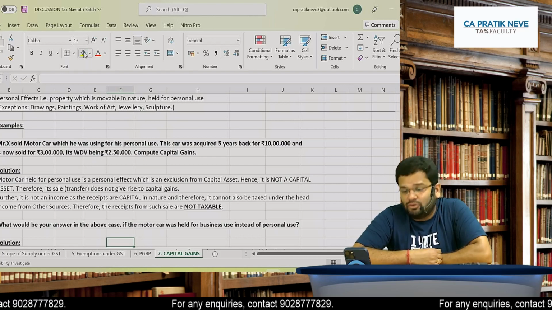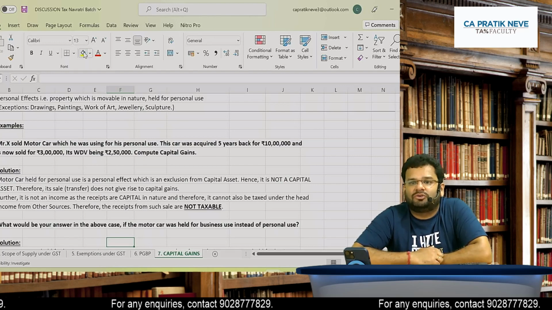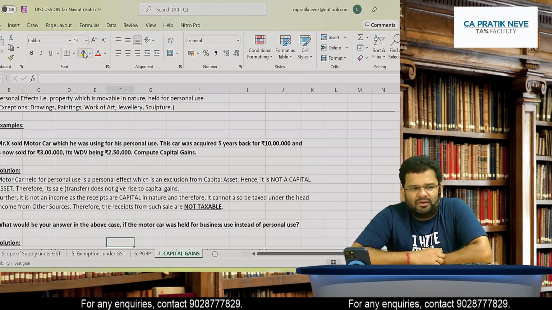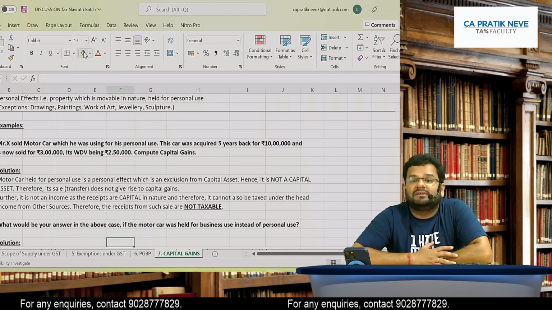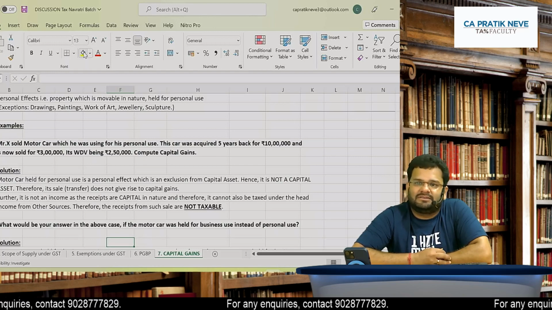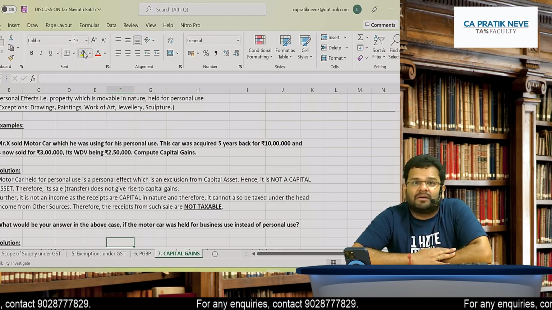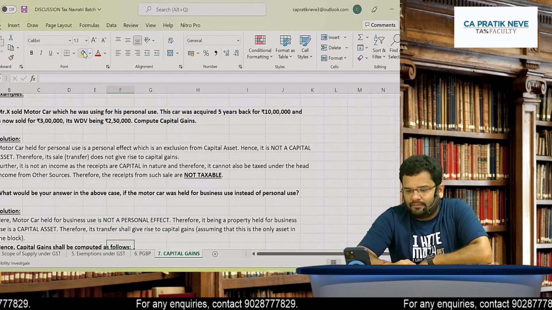These exemptions you claim, some faculties and some authors call it deduction also. You can call it exemption or you can call it deduction. That doesn't make a difference here. You minus it, then you get taxable capital gains. So I hope the basic format you have understood for sure. Yes, wonderful.